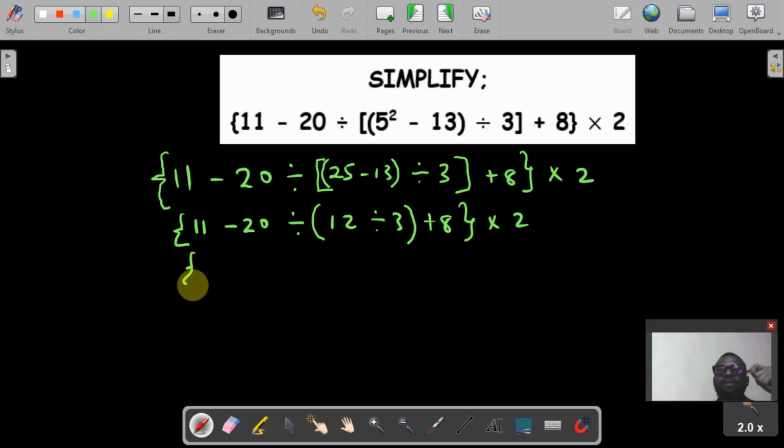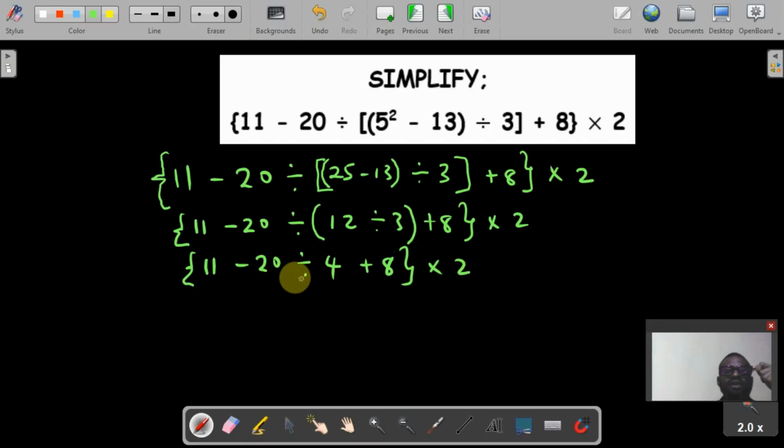Now when I open the bracket, I have 11 minus 20 divided by, I'll handle this bracket inside there. So 12 divided by 3 will give me 4. Okay, then plus 8, I'll close the bracket, then times 2.